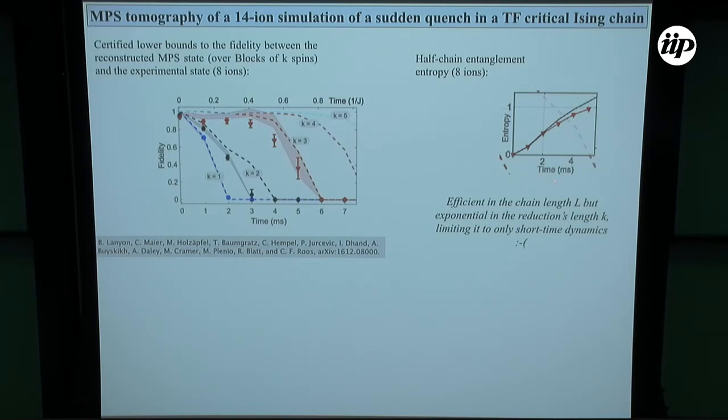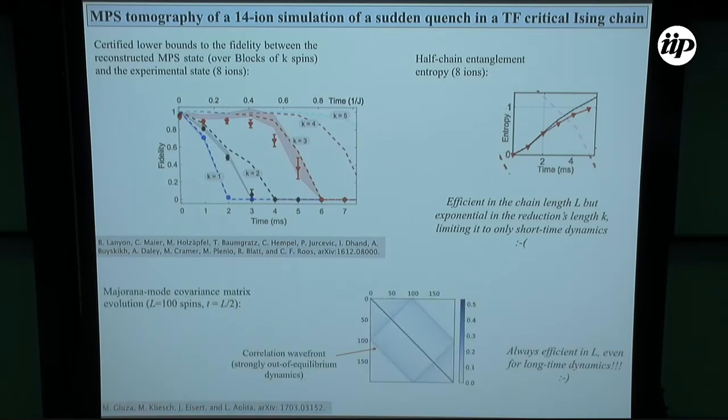So here we can see the growth of entanglement. This is the block entropy, the von Neumann entropy of the chain as time passes by. Again, for us, this wouldn't be a problem, because time doesn't matter here. For instance, here you can see a simulation of a covariance matrix in this Majorana mode representation.